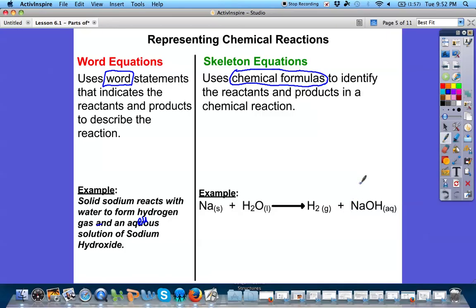So sodium hydroxide, hydroxide is a polyatomic, sodium is a 1 plus, hydroxide is a 1 minus, so those balance each other out. And then we noted that it was aqueous.